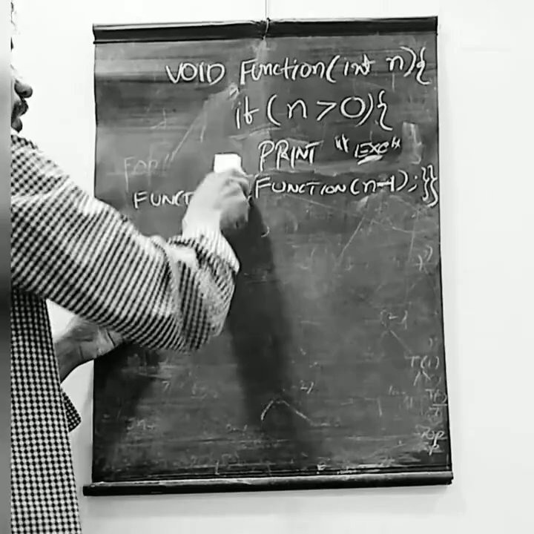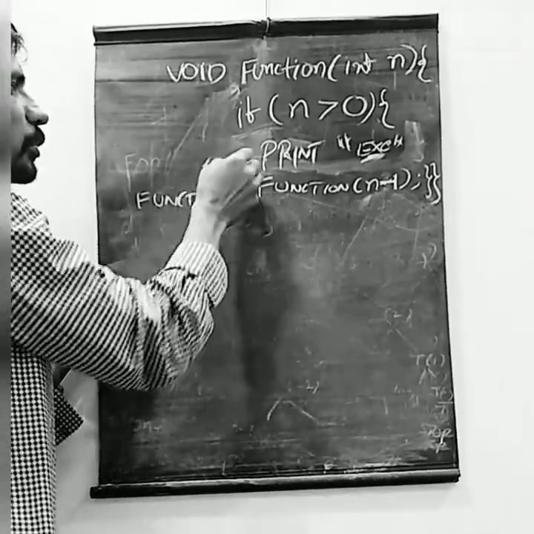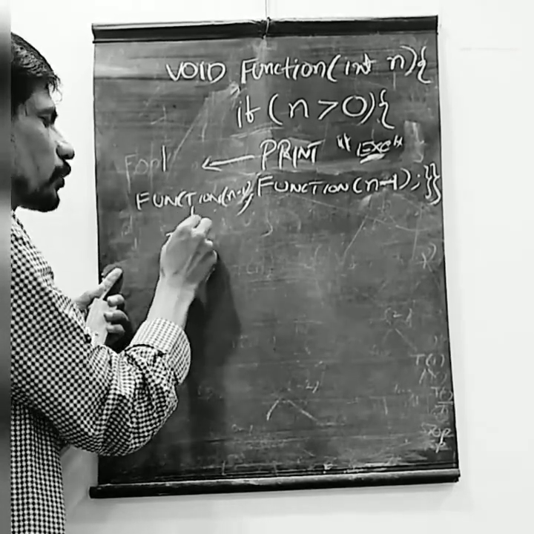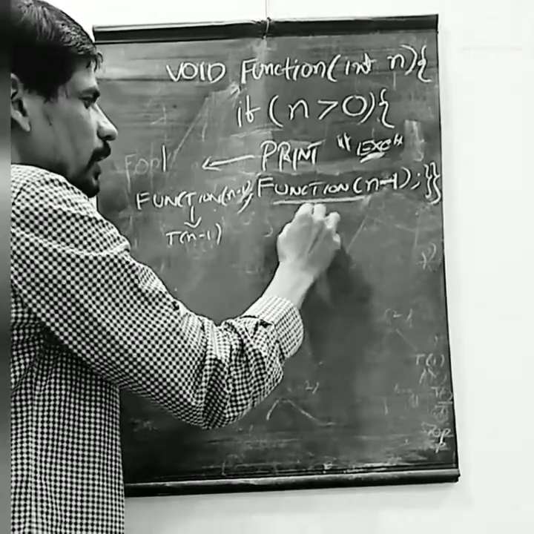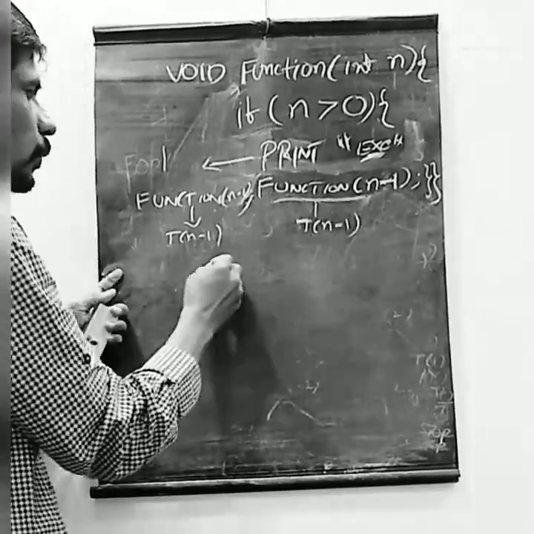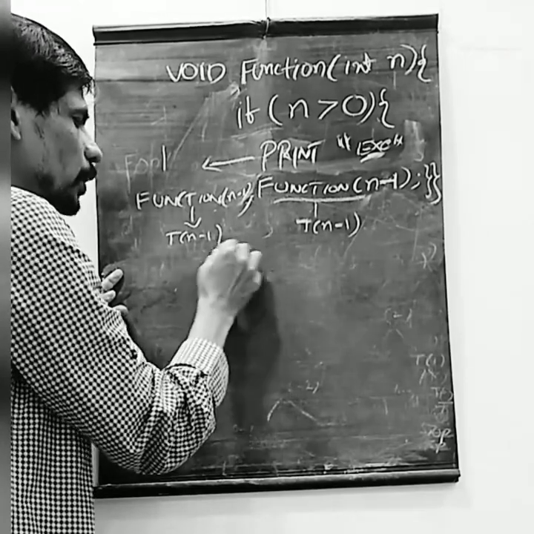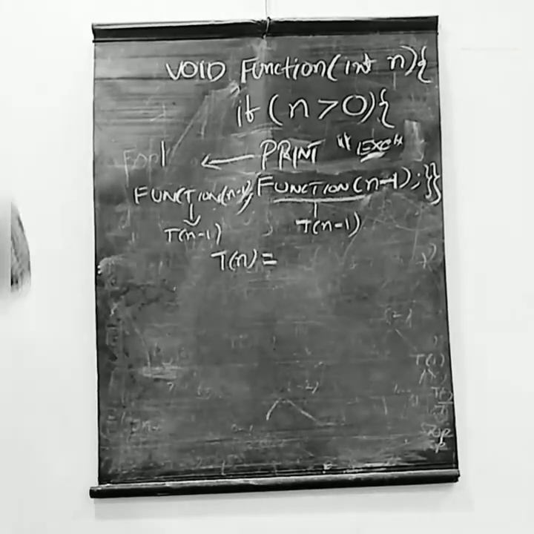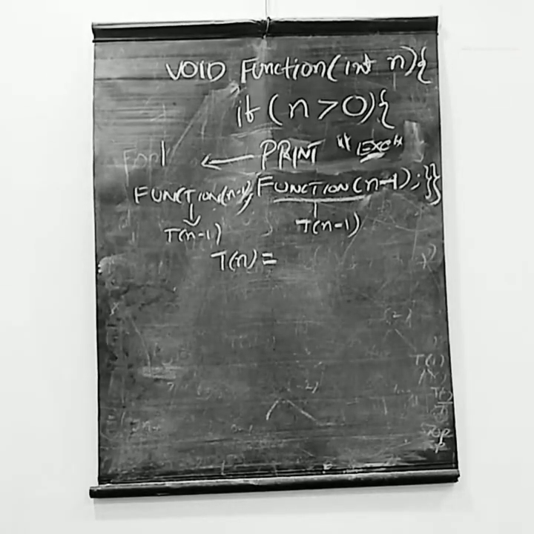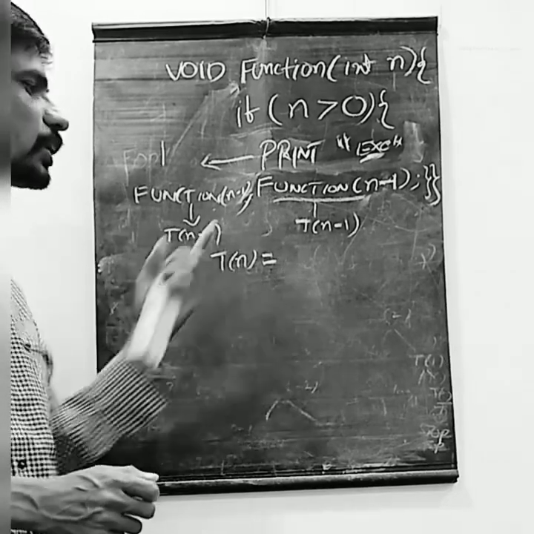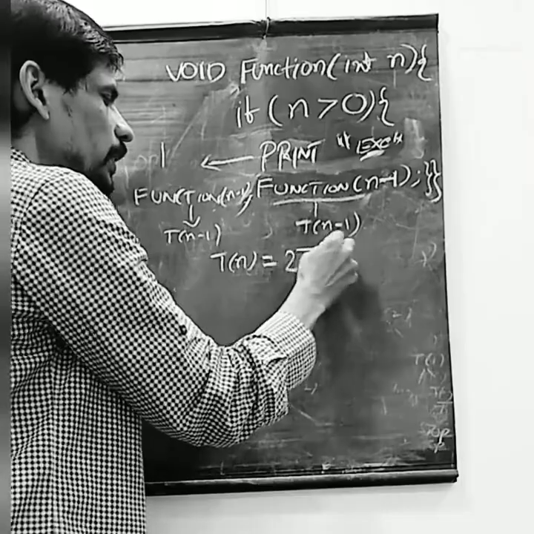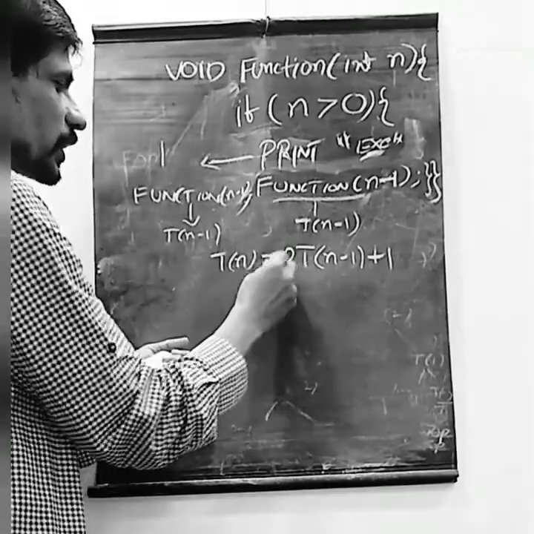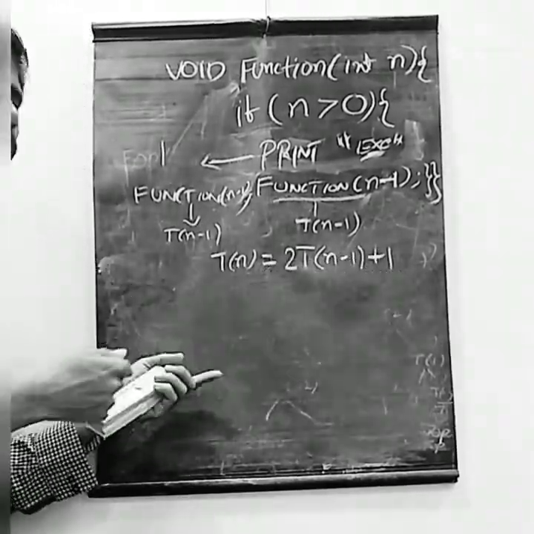So what will be my recurrence relation? As usual, this print statement requires a constant amount of time. This requires T of n minus 1 and this requires T of n minus 1, right? So T of n equals, because we are calling two times, 2T of n minus 1 plus 1, or we can represent it as 1 plus 2T of n minus 1.